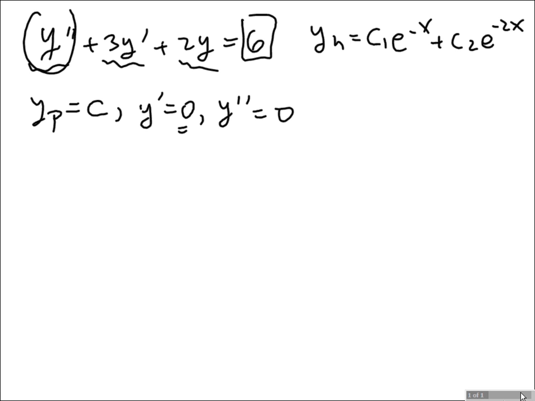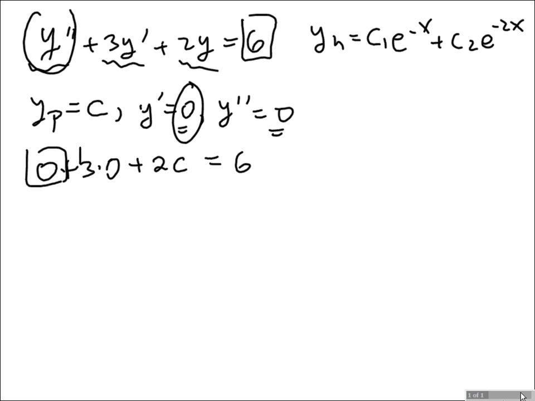y double prime is 0, plus 3 times y prime, which is 0, plus 2 times y, where y is c. And this is supposed to equal 6. Well, that's 0, and that's 0. And when you add those zeros, you get 0. You add 2c, you get 2c. 2 times 3 is 6. So c is 3.